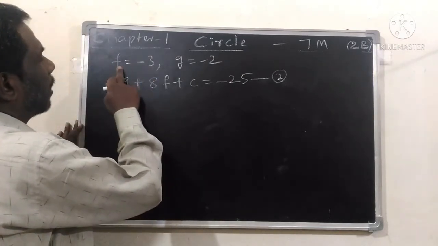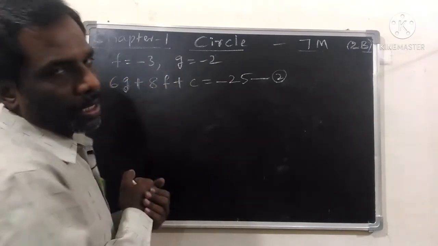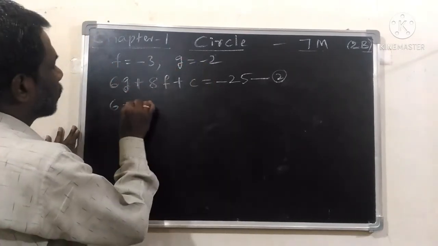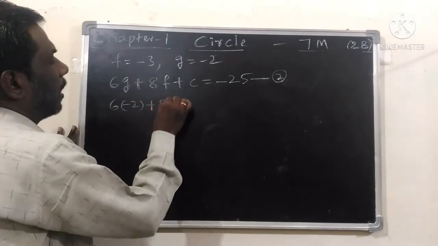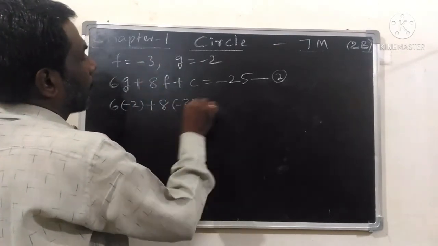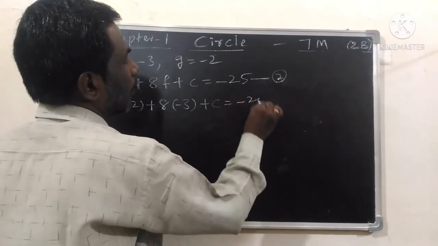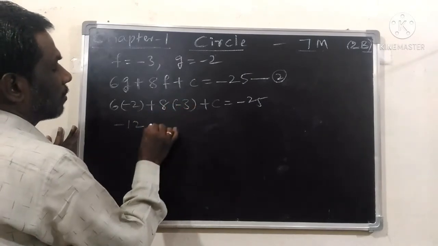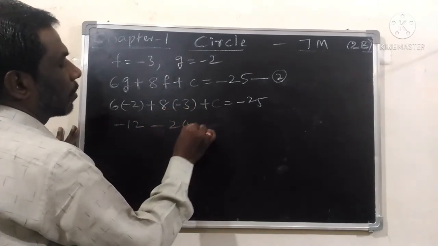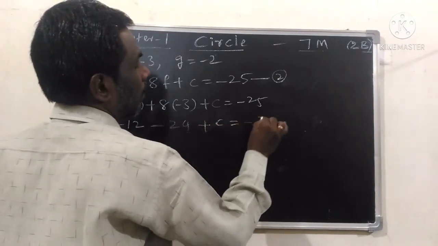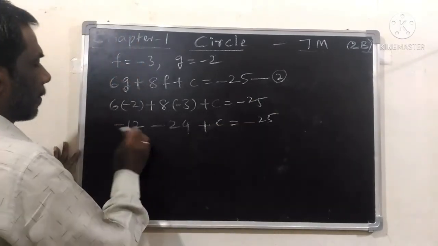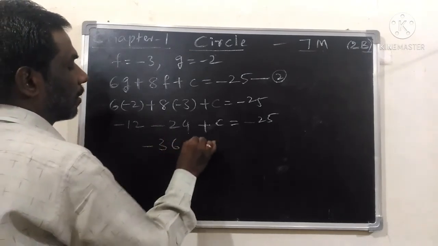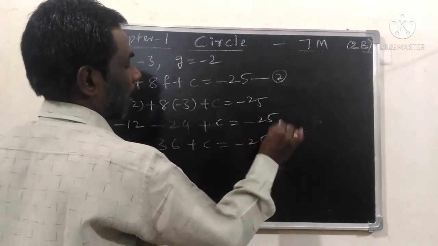In place of f I substitute minus 3, in place of g I substitute minus 2. 6 times minus 2 plus 8 times minus 3 plus c equals minus 25. So minus 12, and 8 3s are 24, minus 24, plus c equals minus 25.